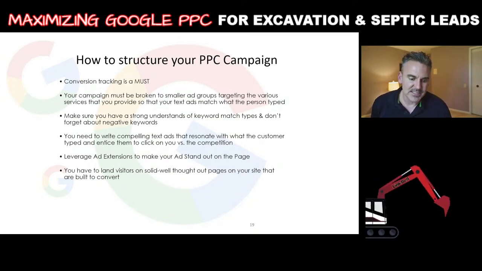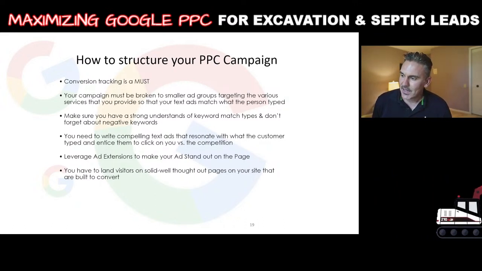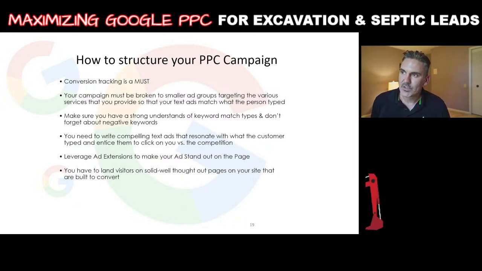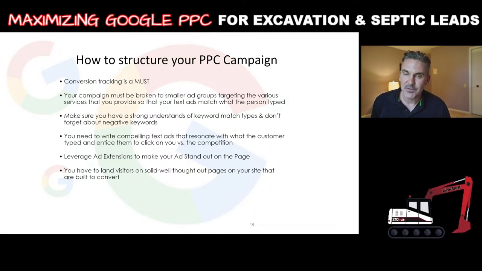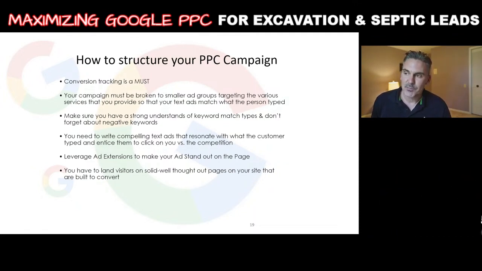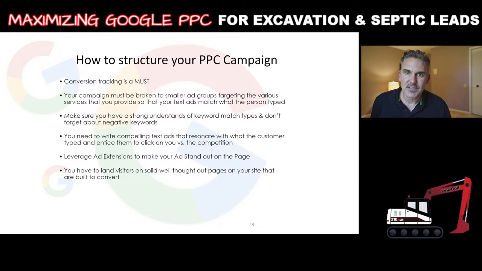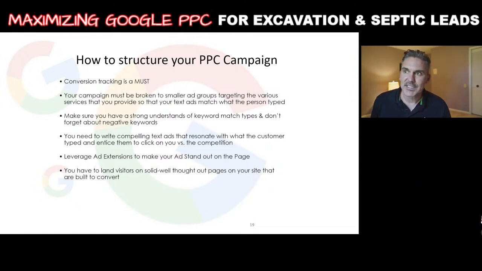One of the biggest mistakes I see is that business owners will drive traffic to their main website. They may have a beautiful, gorgeous looking website, but the problem is then the person has too many options. If you give someone too many choices, what do they do?